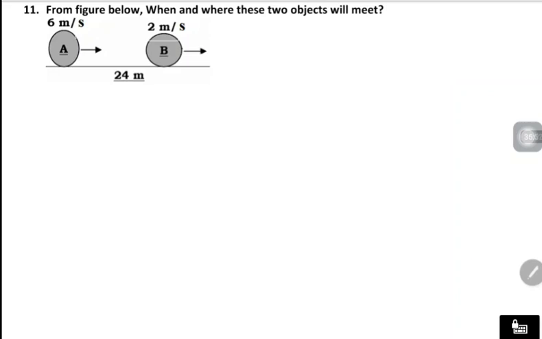Okay, we assume they will meet at this point, so the distance traveled by A is symbolized by dA, and the distance traveled by B is symbolized by dB.